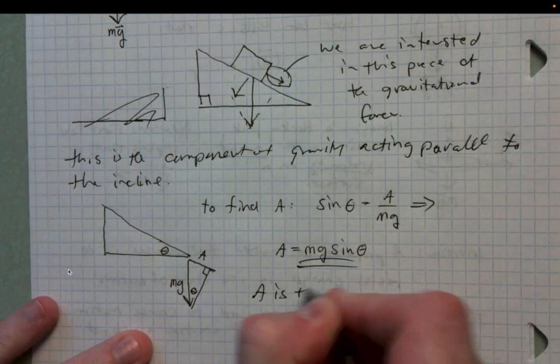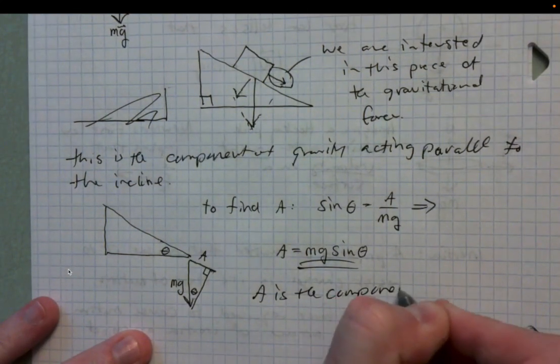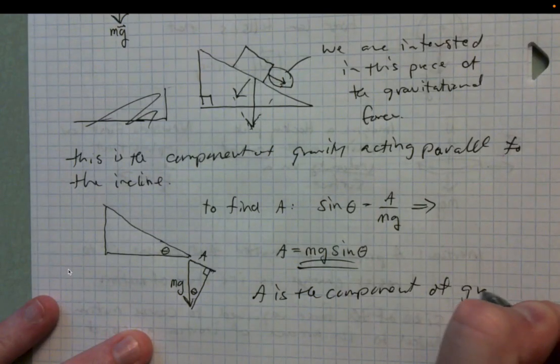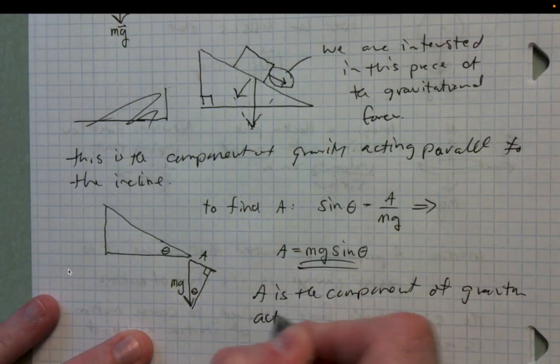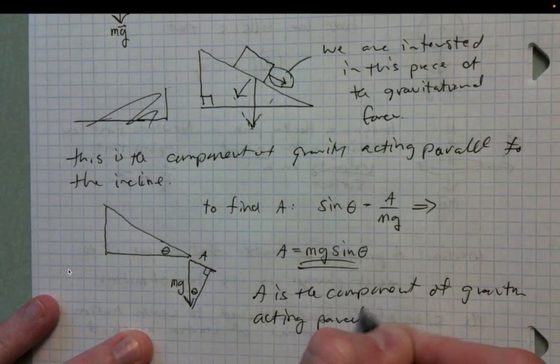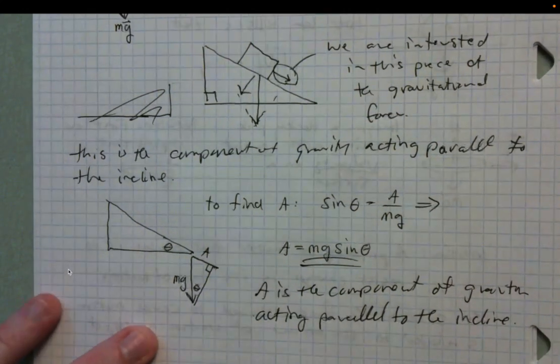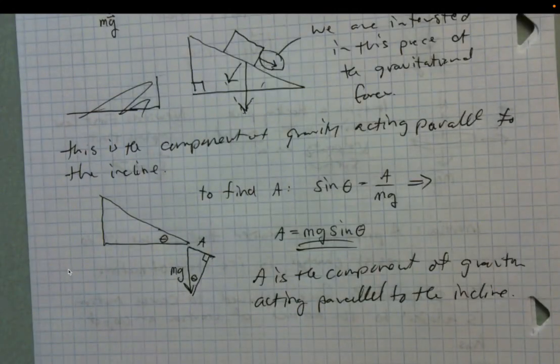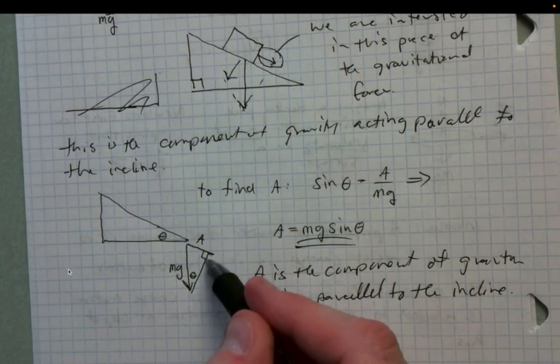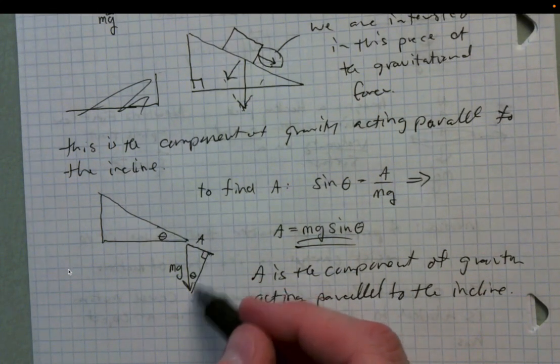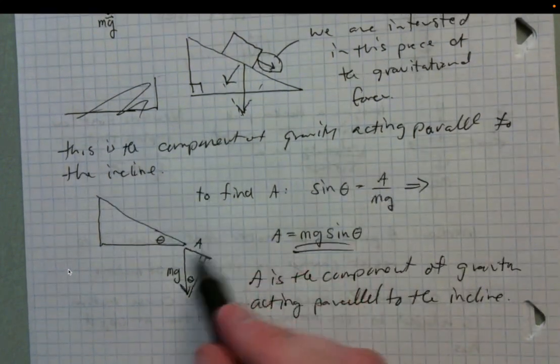So the component of gravity acting parallel to the incline is A. That's the part that's actually going to make the thing slide. This other part here, that's not going to make it slide, because it's offset by the normal force.